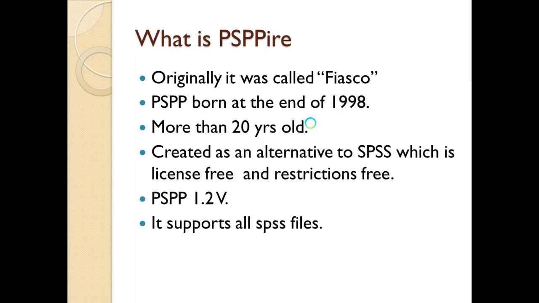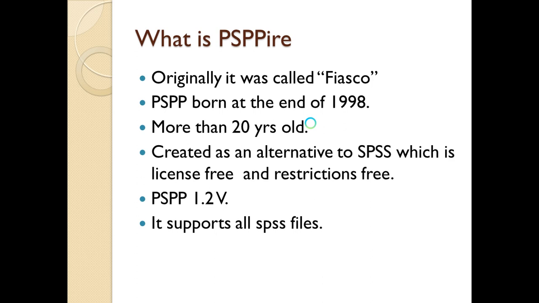Let us move on to what is this PSPP called. Very peculiar. Even today, many of us really don't know what is the full form of this software. When you install it, the name PSPPIRE is displayed on the screen. So what does it mean? Really don't know. But originally it was called Fiasco and it was born at the end of the year 1998.